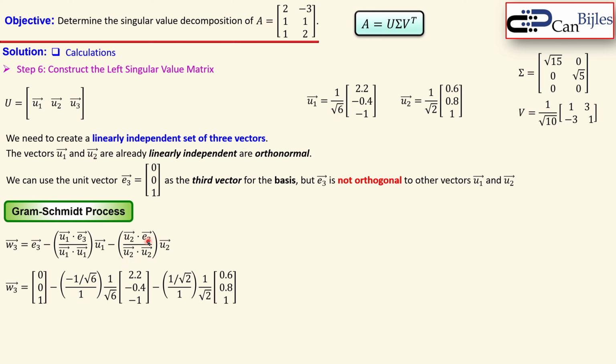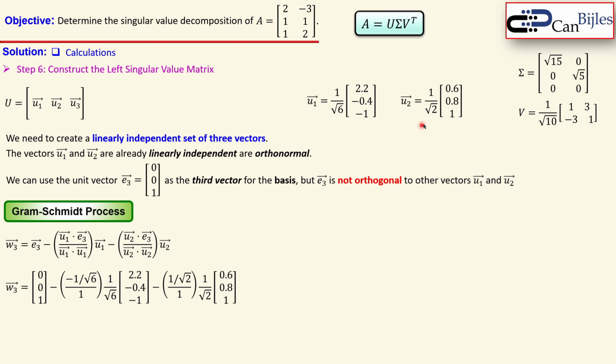Now u2 times e3, again the first two parts are 0, and you only have 1 over the square root of 3 times 1, which is 1 over the square root of 2. That's the only thing we have, and again you divide by 1, as mentioned earlier.